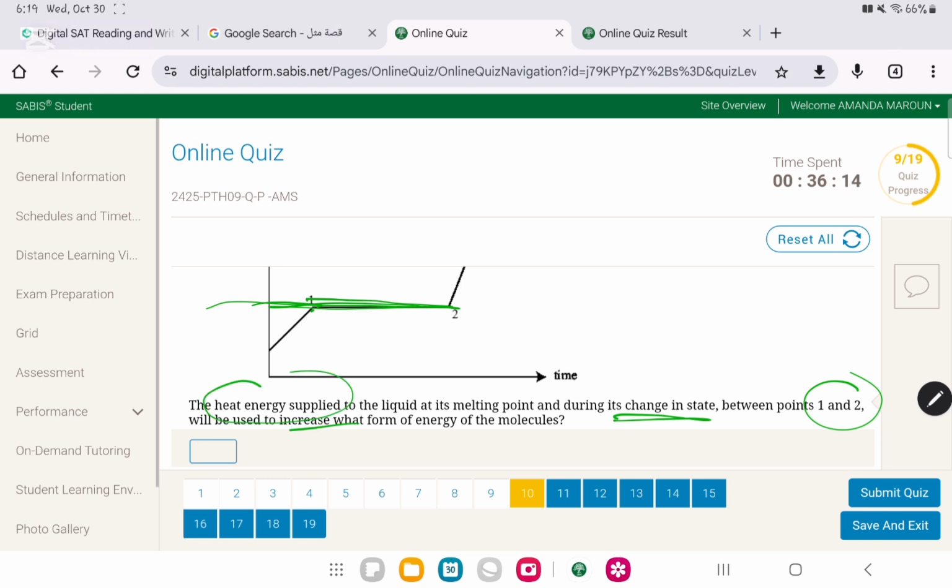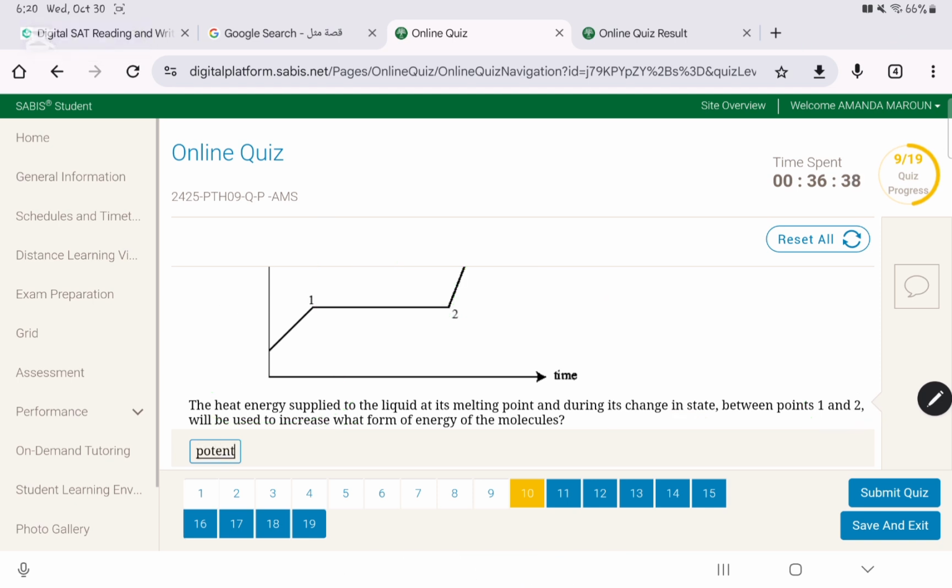Or they're saying the heat energy supplied will be used to increase what form of energy of the molecules. Remember, we said on the flat line, okay, there is an increase of potential energy. However, on a sloped line, there is an increase of kinetic energy. So here, the answer is potential energy.